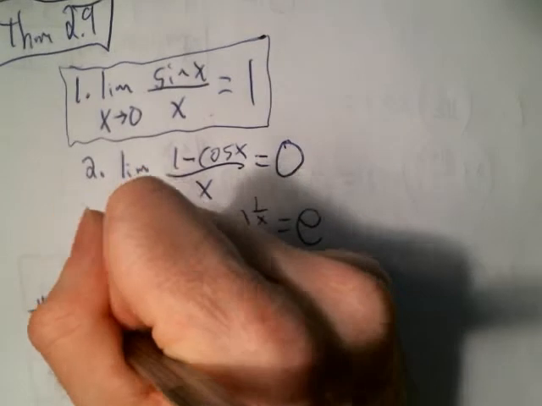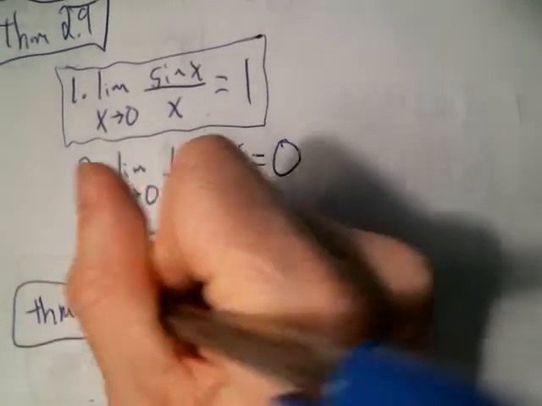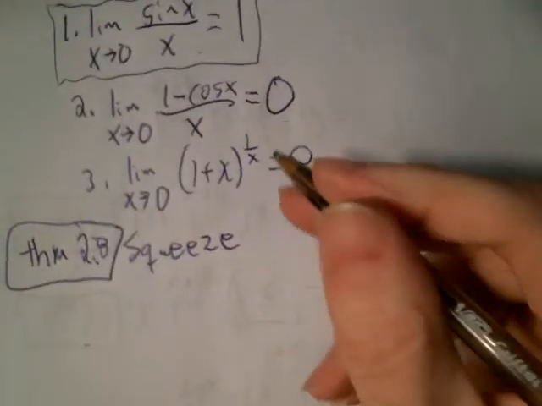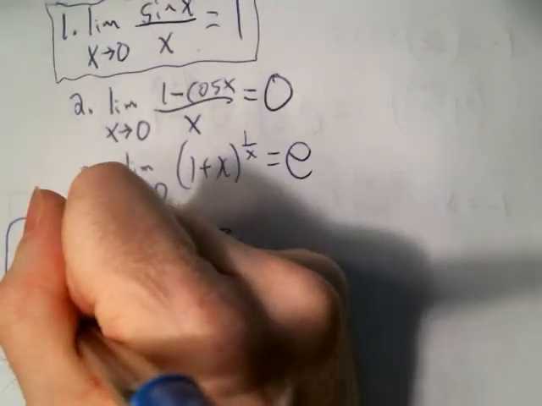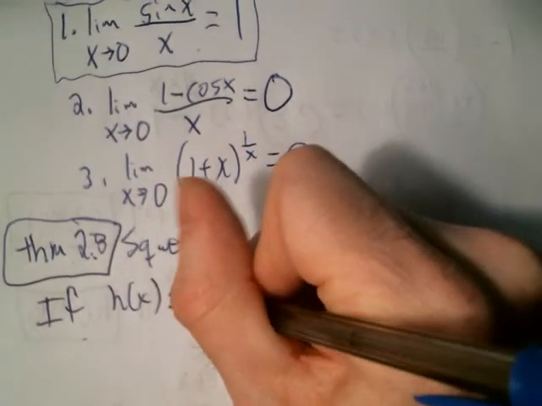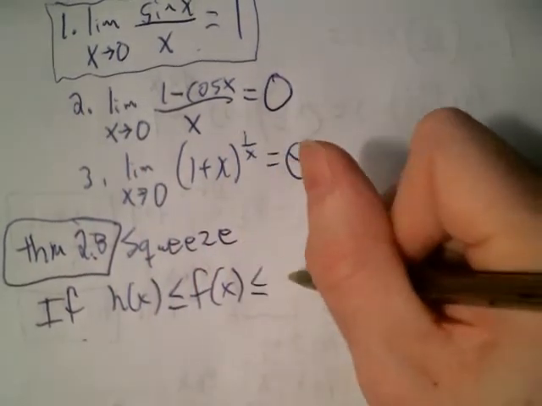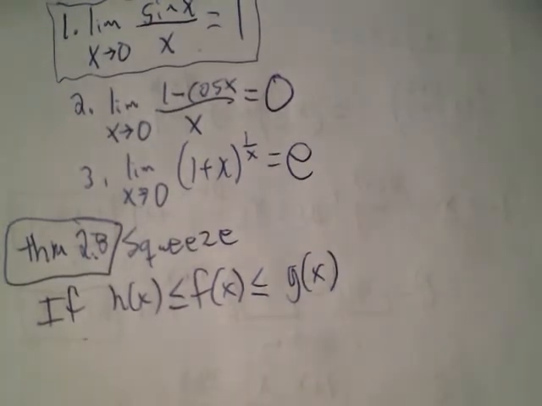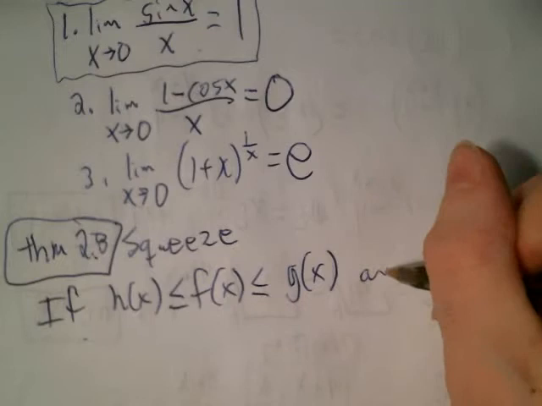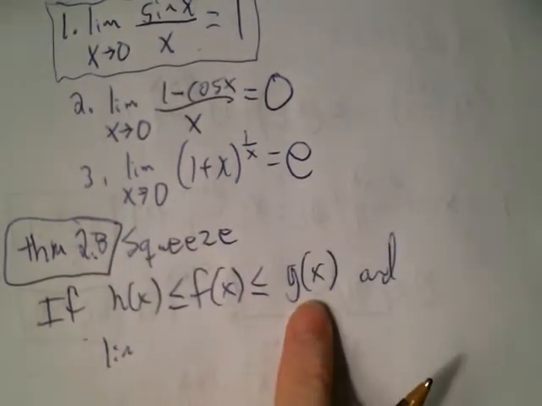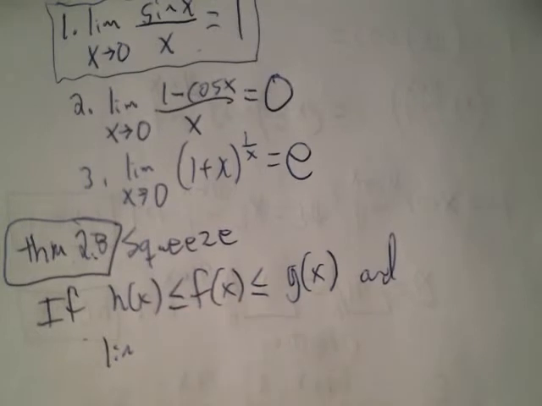So theorem 2.8 is the squeeze theorem. It's pretty intuitive, I think. If some function h of x is less than or equal to f of x, which is less than or equal to g of x, probably on some interval, and we know that the limits of h and g equal the same thing, it forces the limit of f to equal that.